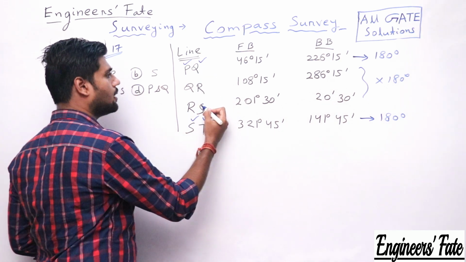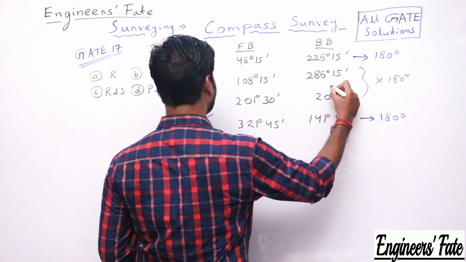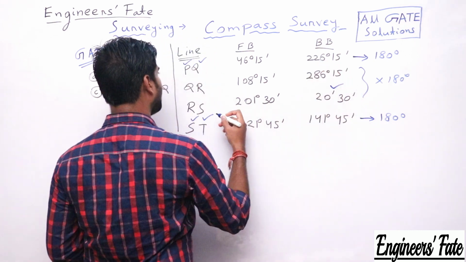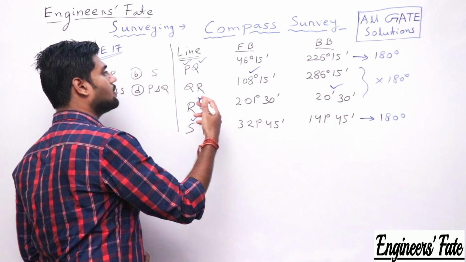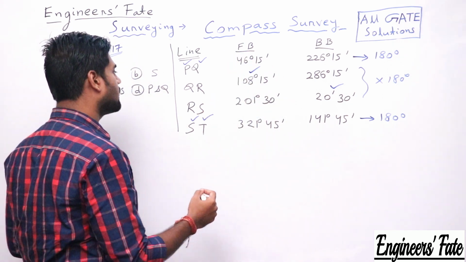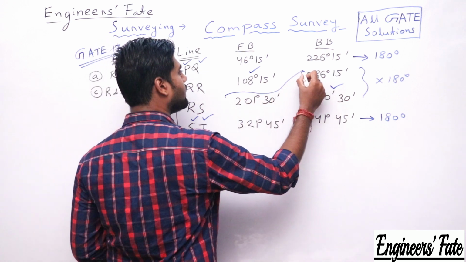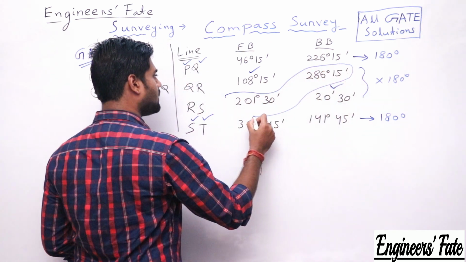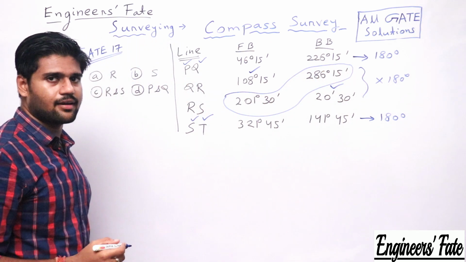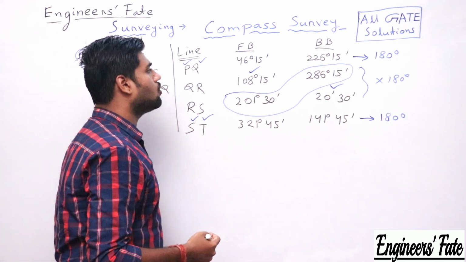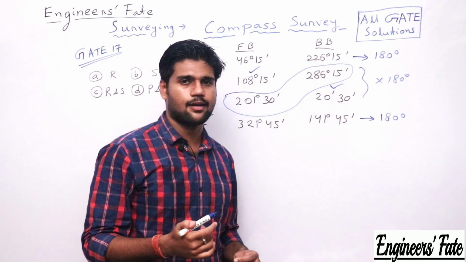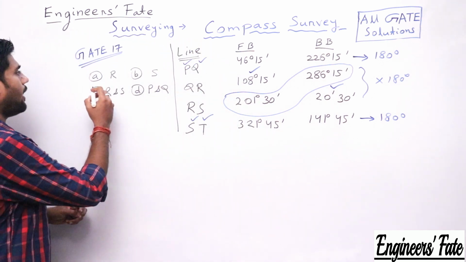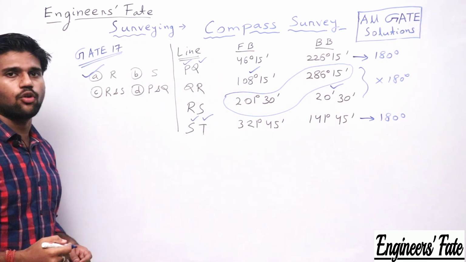Whatever the readings made from these stations are correct, but whatever the readings made from station R are affected. So the error is present in station R. So the option is A, that is R only.